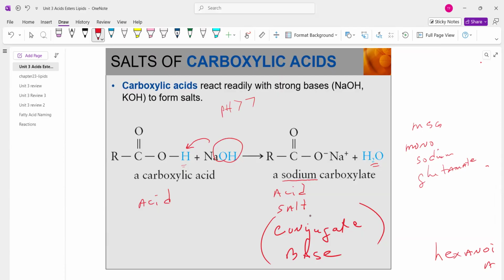So the glutamic acid is no longer glutamic acid, it's the acid salt. Monosodium glutamate is the acid salt of glutamic acid, a naturally occurring amino acid. It's not bad for you except for people that are sensitive to sodium or allergic to it. Very few people are allergic to it.